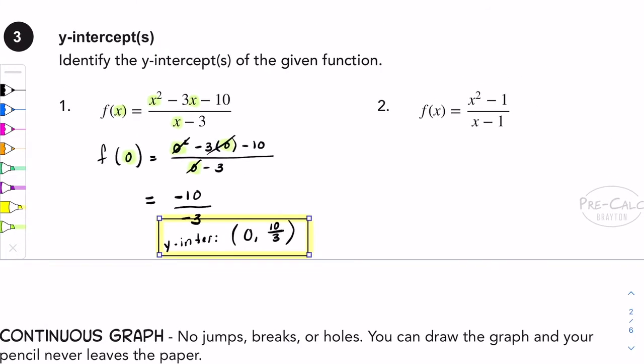I can just tell you quickly that the y-intercept for number 2, which I'm not going to do out, I already know it's 0, 1. You can probably tell that just as fast as I'm telling you this, if you understand what you're doing. So 0, 1 is the solution.